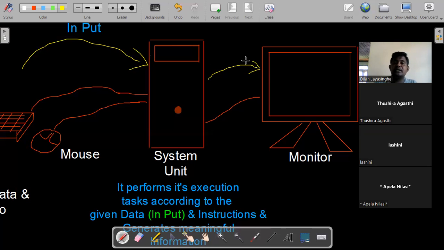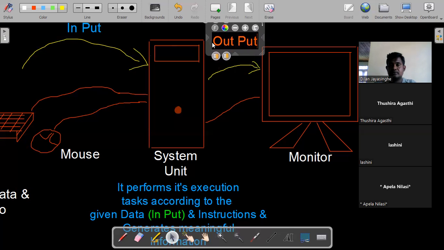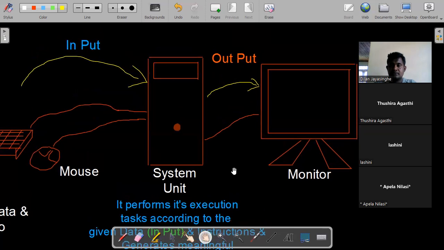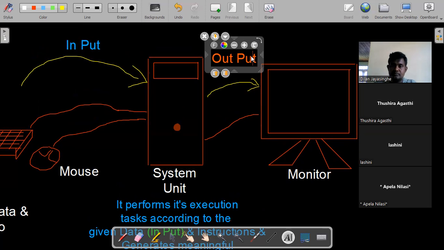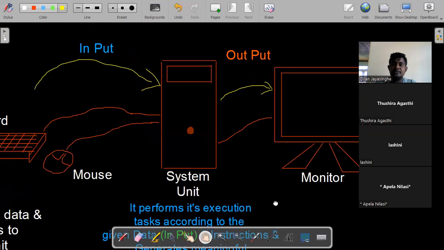Created information sent out to the monitor, you can say output, output by the monitor. Input, process, and output.